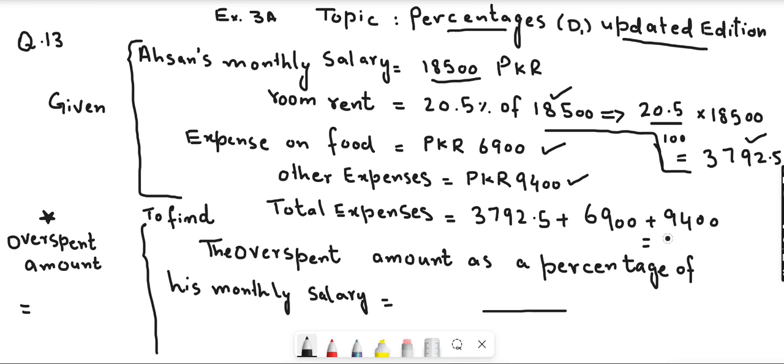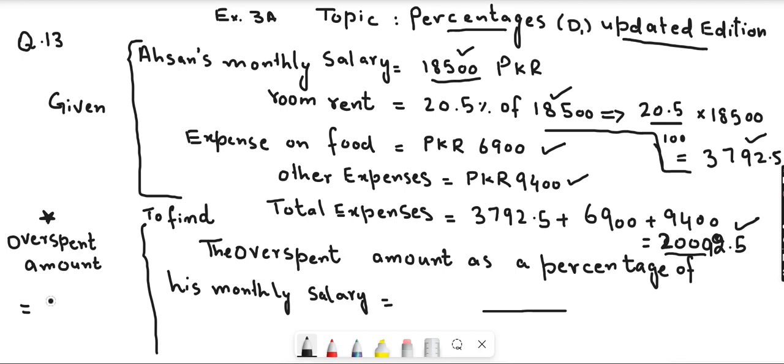So this comes to 20,092.5 rupees. As is very clear from the number, his expenses are a little more than his salary, which means he overspent.